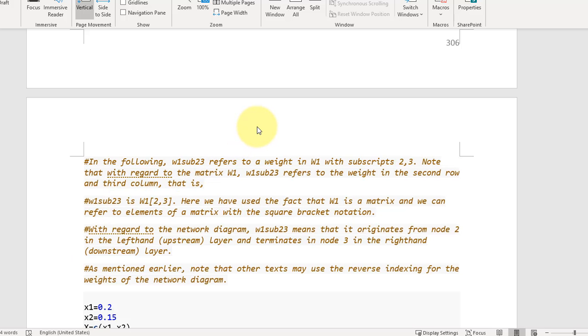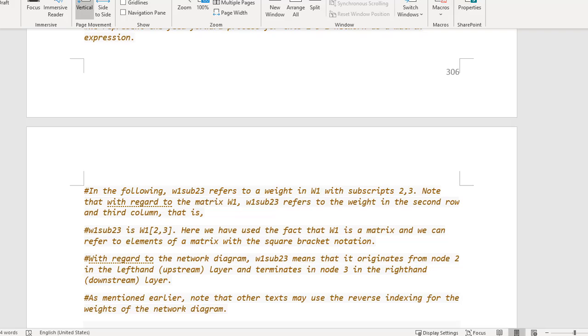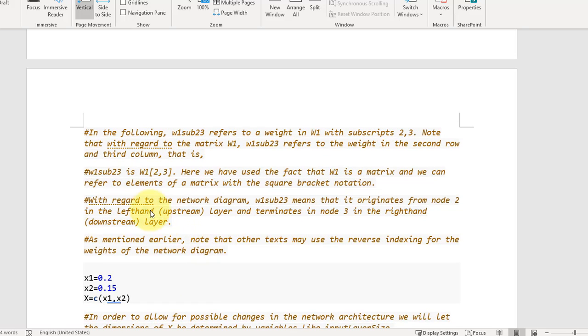And since writing subscripts and so on is quite difficult in R, we're just going to write W1 sub 2, 3 to mean this weight here. Now, we can also take that matrix if we call it capital W1. If we define a matrix like that, then what does this refer to?